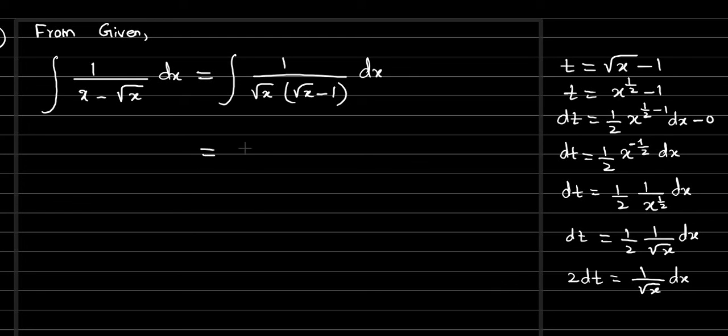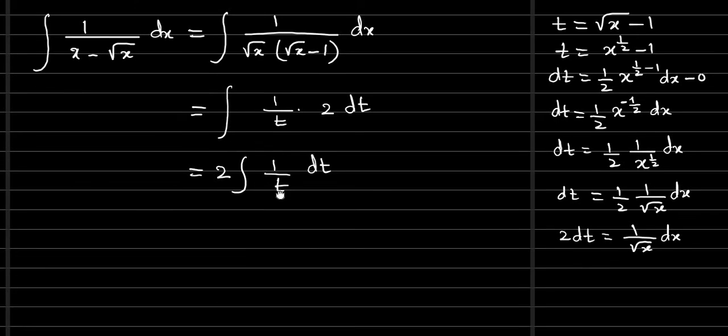Now this question will change. Integral, the 1 by square root of x minus 1 we take as t, so it's 1 by t. And 1 by root x dx is 2 dt. That's all. Now 2 is a constant, so we can take 2 outside: 1 by t dt. We have an integral, and now we got it in standard form.